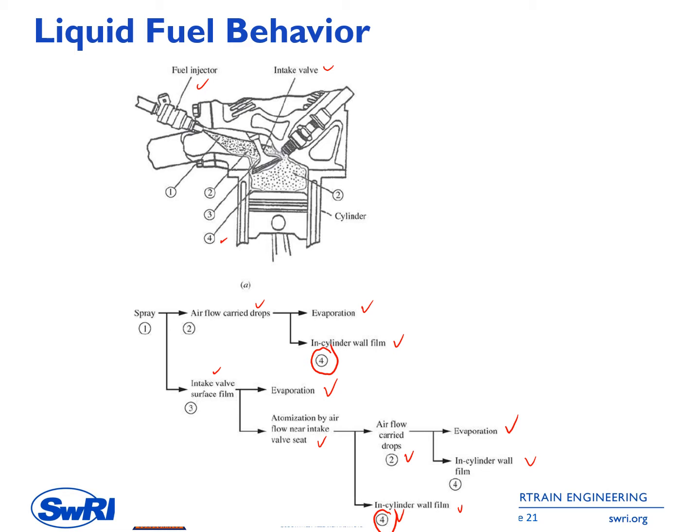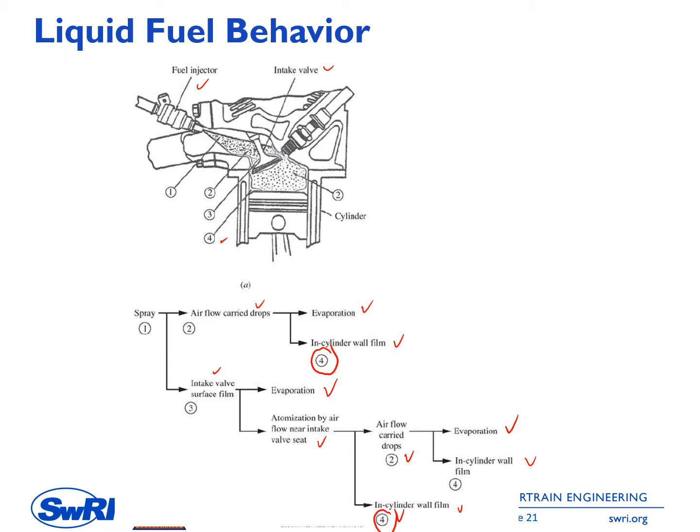Depending on the thickness of the wall film and the local temperature in contact with the wall film, either this wall film will be atomized to vaporized fuel and then burned during the combustion process, or it will stay on the wall, and this will be one of the sources of unburned hydrocarbon, because some of this liquid film will be scraped by the piston during the exhaust stroke.